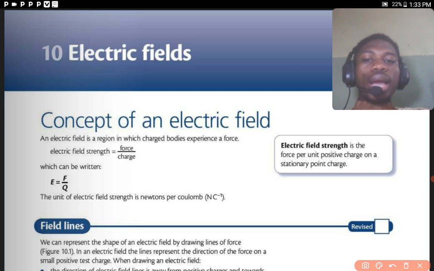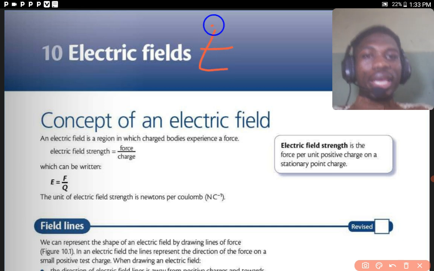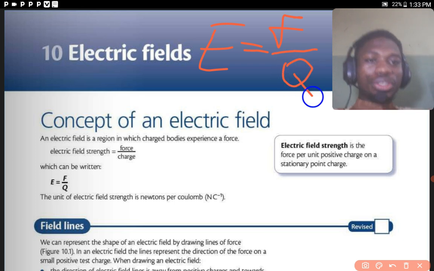Now, since the electric field strength E is given by the force divided by the charge Q, the unit of the electric field strength is Newton per Coulomb.